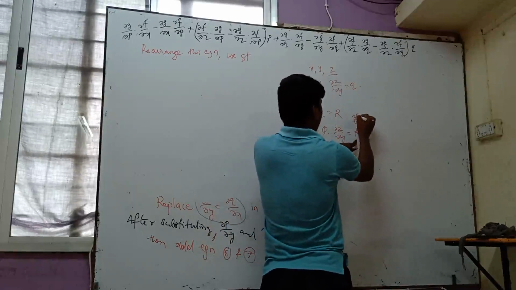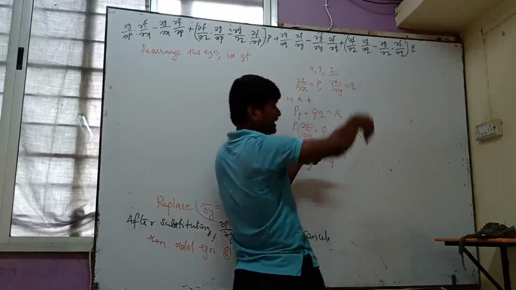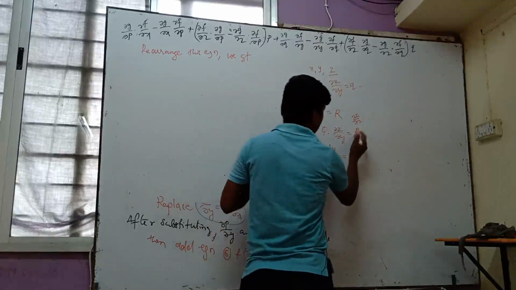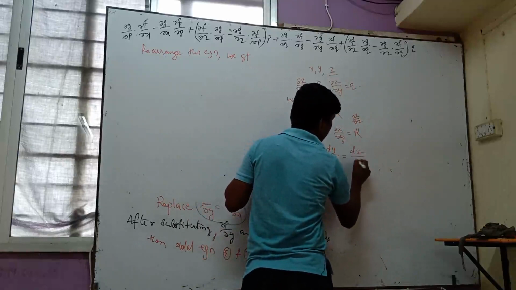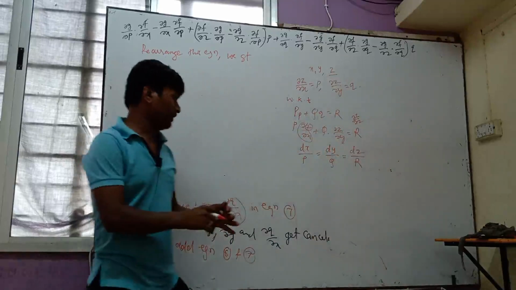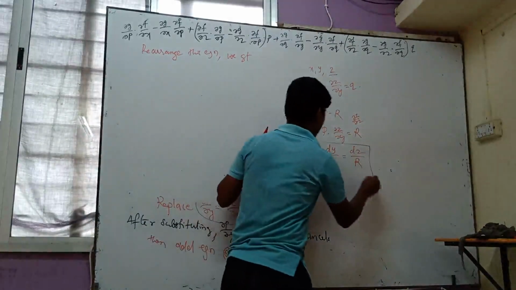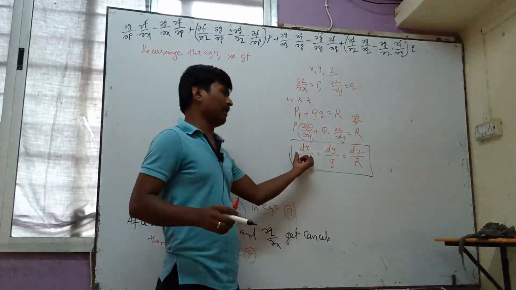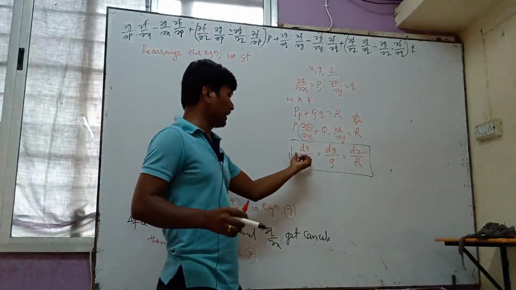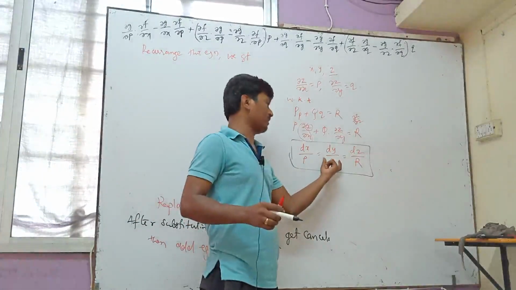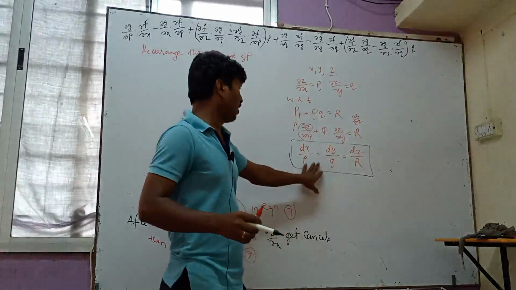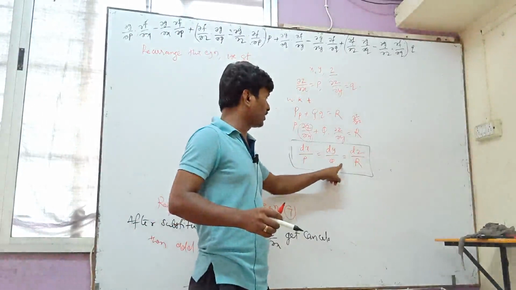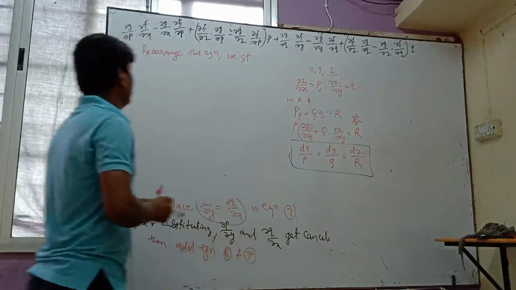So ∂z/∂z, constant, ∂z/∂z gets cancelled and it is 1. So no need to write here, but if I write ∂z/∂z, this becomes dz by r. So now these are Lagrange's equations, called Lagrange's equations of the first order linear equations. Now dx by p is equal to dy by q is equal to dz by r.